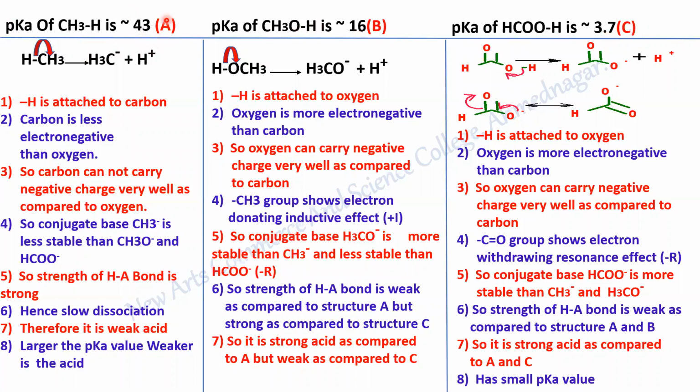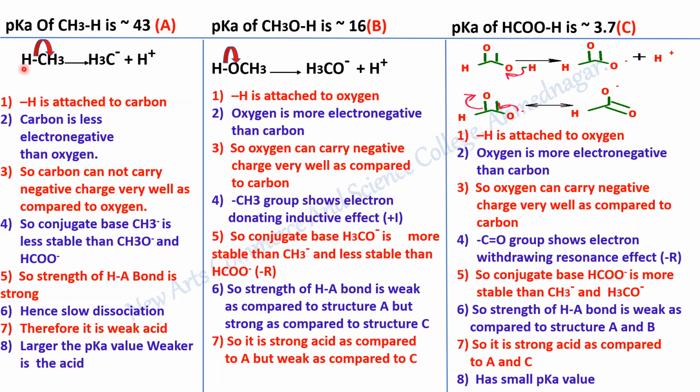Each is denoted by compound A, compound B, and compound C. From the pKa value you will get the idea that the pKa value goes on decreasing from methane to methanoic acid. So from the pKa value we conclude that as the pKa value goes on decreasing from A to C, the acidity goes on increasing from A to C. We already discussed the relation between the pKa value and the acidity.